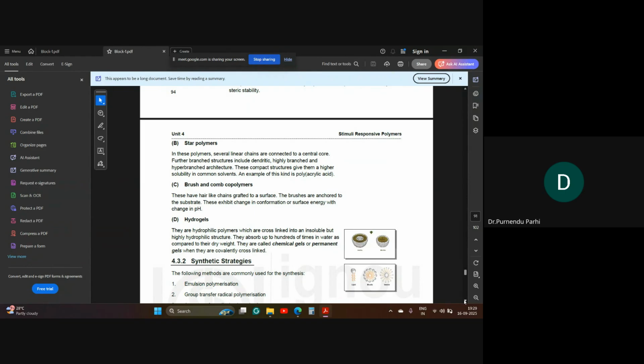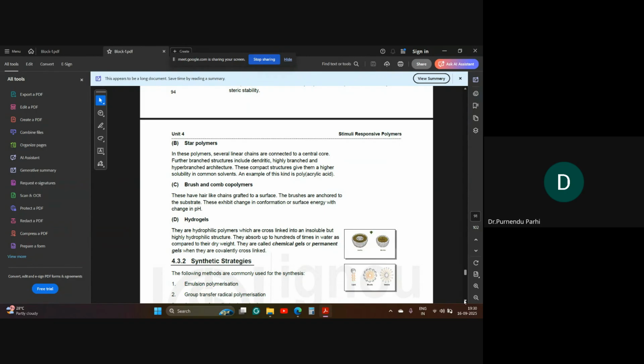They absorb hundreds of times water compared to the dry weight. So hydrogels generally absorb a large amount of water, up to 100 times their own weight. They are called chemical gels or permanent gels when they are covalently cross-linked.